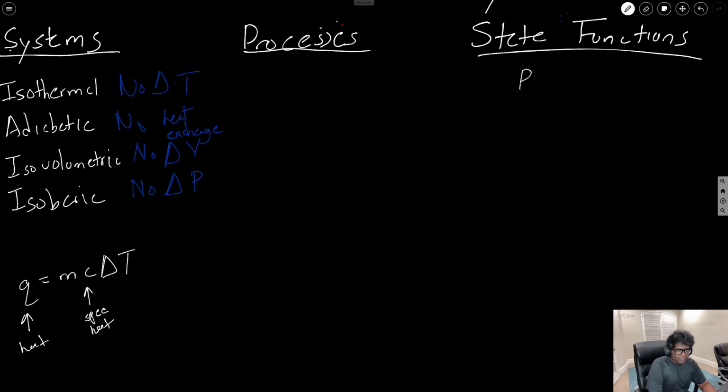Pressure, density, temperature. What else are you guys thinking about? Volume, and the ones I don't see anyone writing in chat: enthalpy, entropy, and Gibbs free energy. We're going to talk about that in just a second.